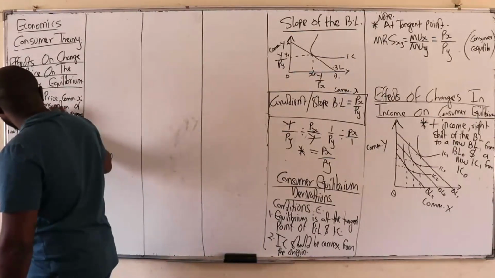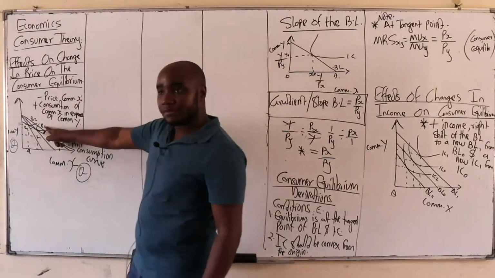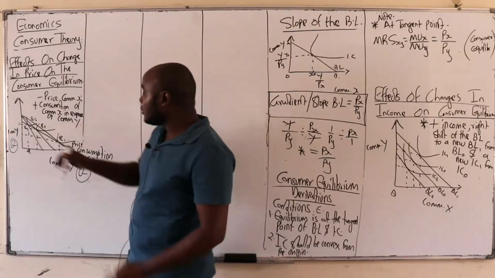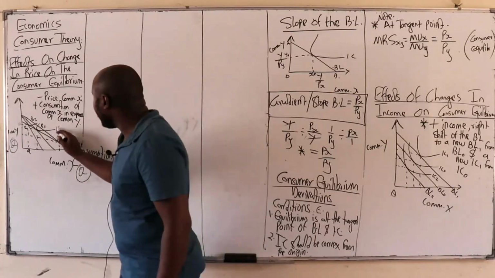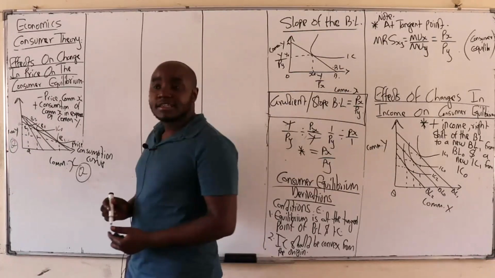Equilibrium 2. Assuming this is our initial point, with our initial budget line and initial indifference curve, then the price of commodity X reduces.